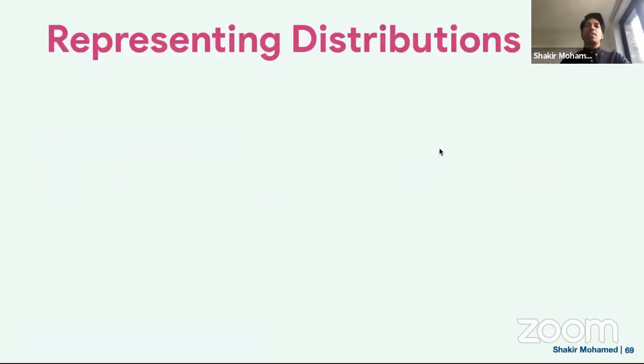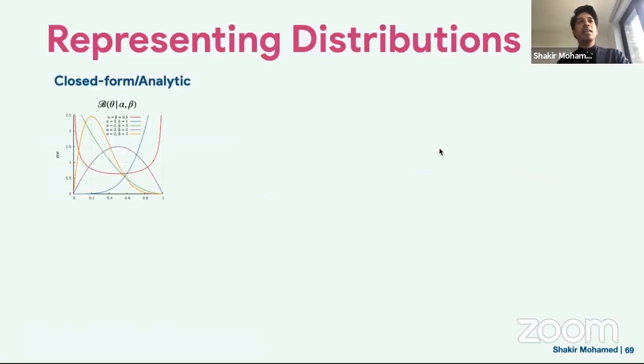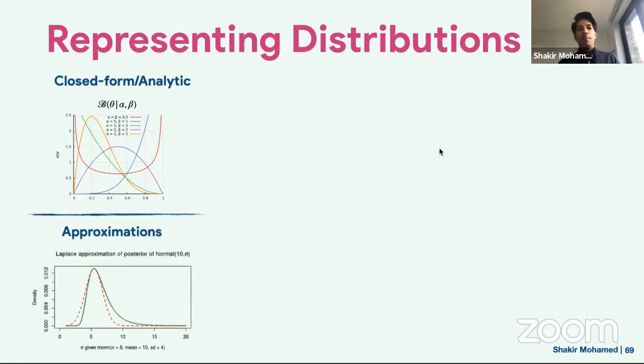So we have many ways of representing distributions. We have the closed form or analytic method. So those ones would be all the distributions in the exponential family, like the beta distribution, the normal distribution that we looked at yesterday, and mechanisms of manipulating them through conjugacy and through other properties of the exponential family. Or we have methods like approximations.